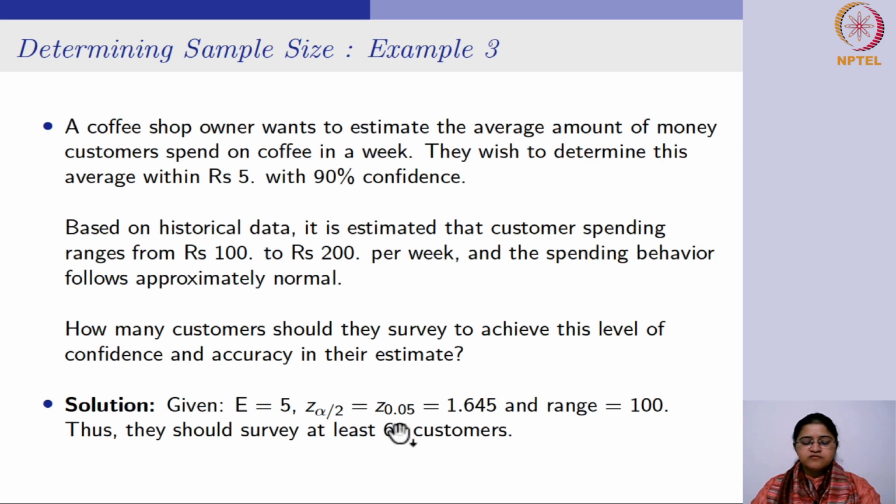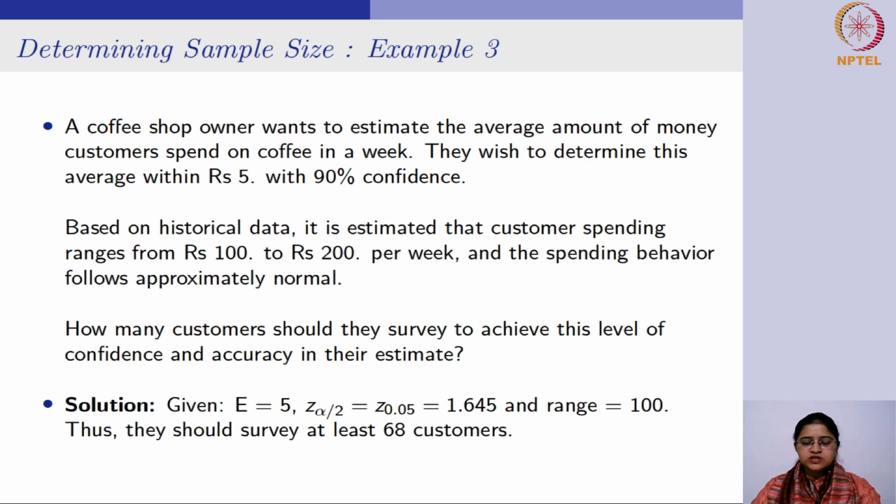So you can think of alpha by 2 as 0.05, and this value comes out as 1.645. Now the range in this case is from 100 to 200. So the range would be 100, and you have to divide by 4, so that would be 25. So sigma in this case would be 25.